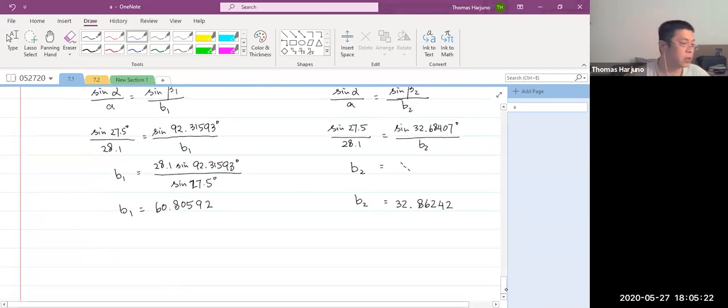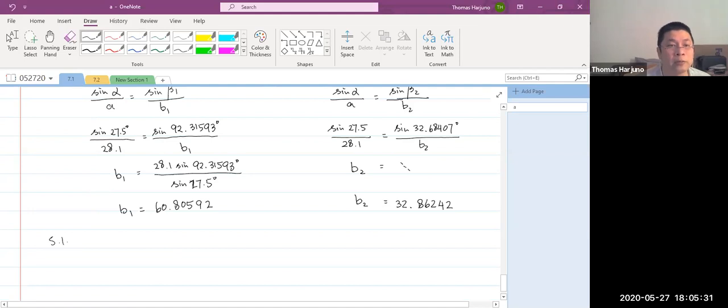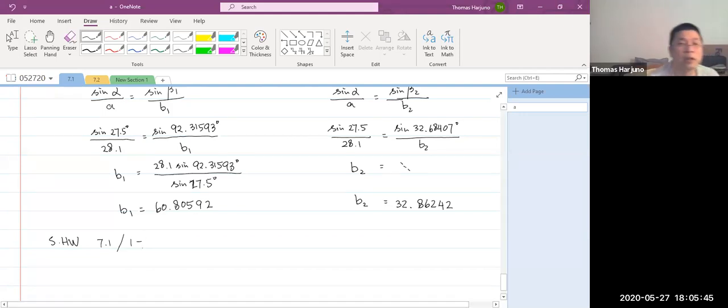Okay, that's for this section. Suggested homework will be number 1 from 7.1, number 1 up to maybe number 17 or number 19.